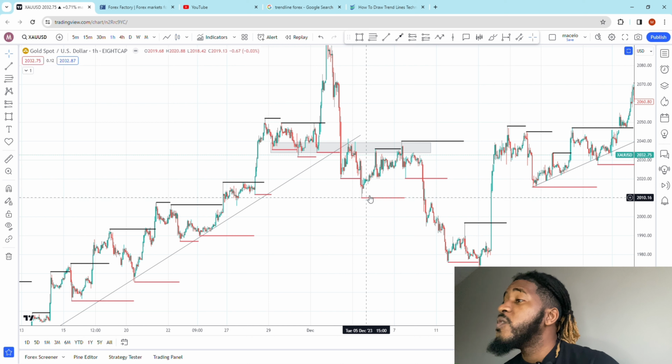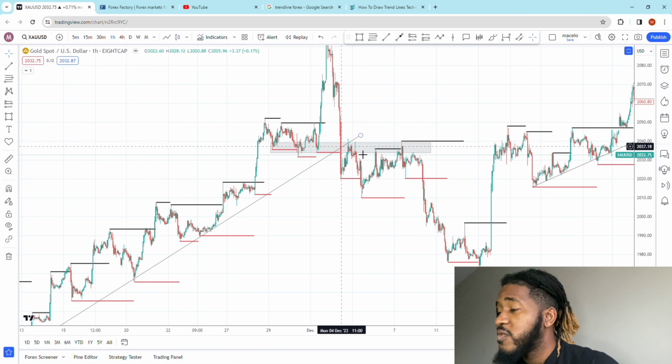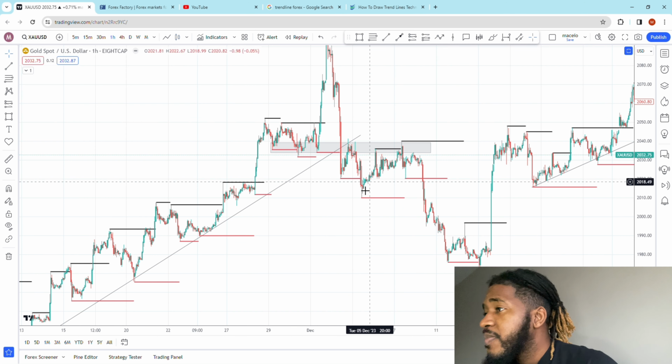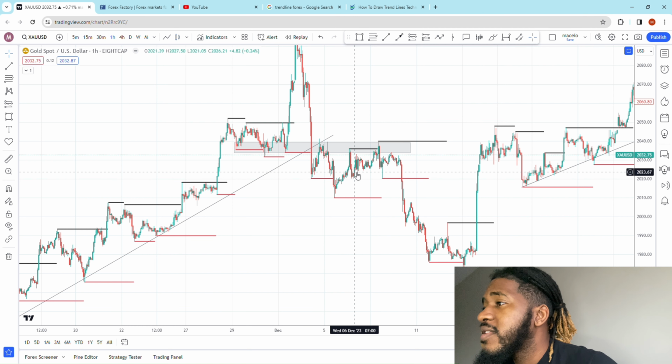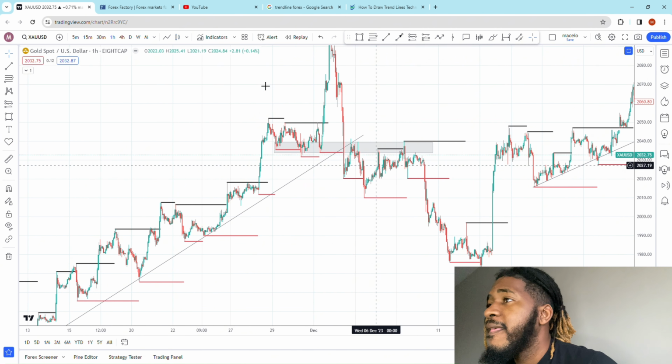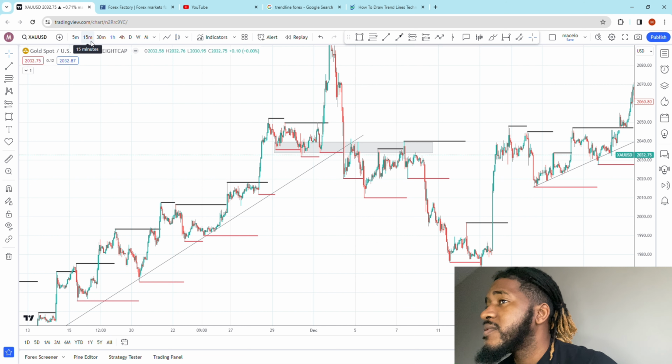And even though it came back up here, it still respected this zone to give you some more push. So at this area, you possibly could have had a minor trend line. I don't want to press the 15 because I might come off this part. Could be a minor trend line around this area there.